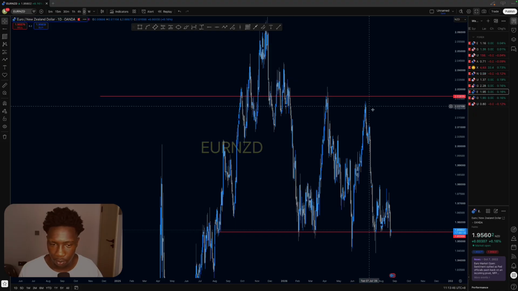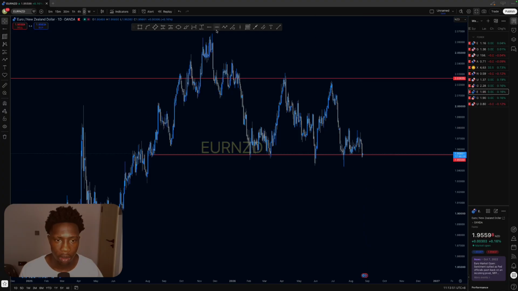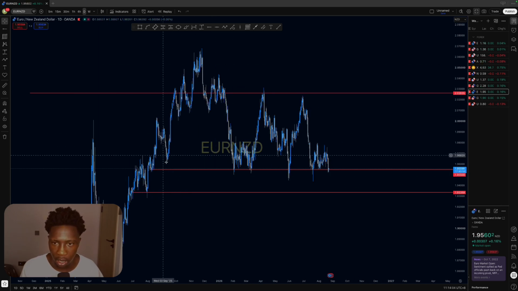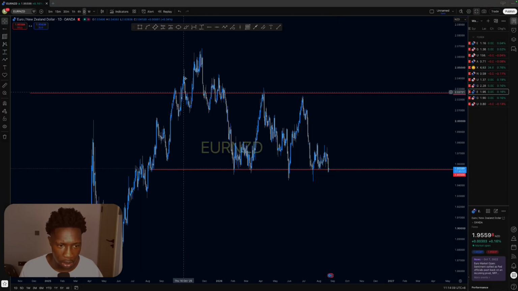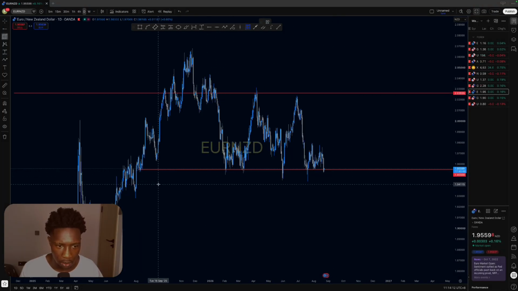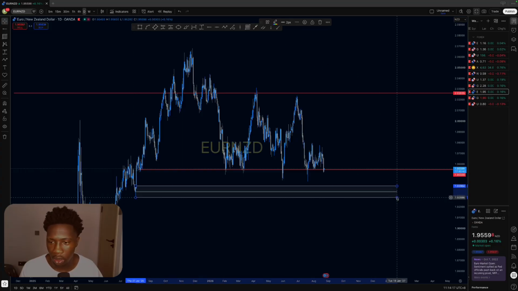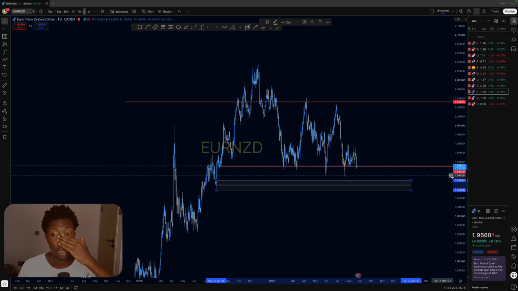And right here we have this area that I think the market is going to respect, creating another low. Let me highlight it. This one, very special, creating a lower point to the downside, showing its true nature of moving to the downside.